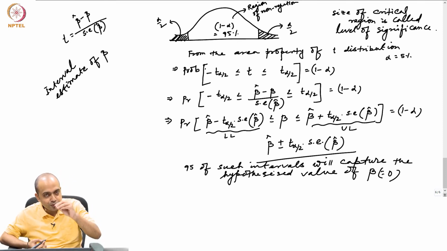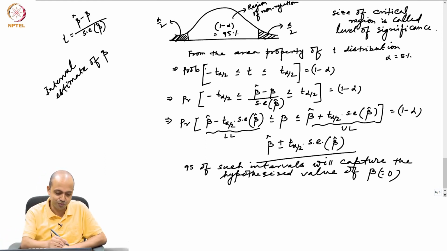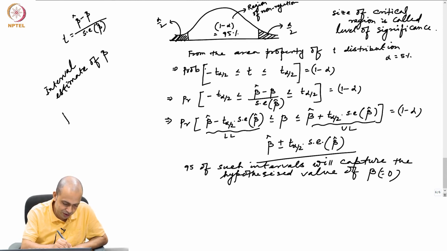So, instead of saying beta hat as a point estimate, here I am now giving an alternative estimate of beta, which is called the interval estimate. And how is the interval estimate defined? Beta hat plus or minus T alpha by 2 into standard error of beta hat.